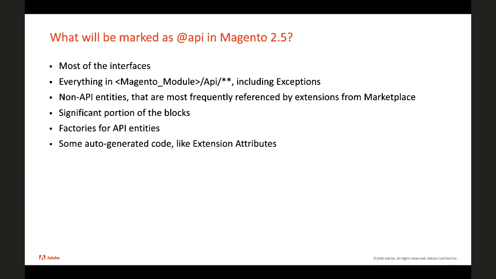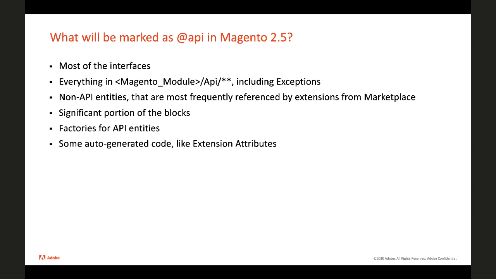We manually reviewed them, and we are going to mark about 100 of those as API, because in most cases, these could be treated as layer supertypes where extensions are kind of required to use them to be able to inject the behavior into Magento.